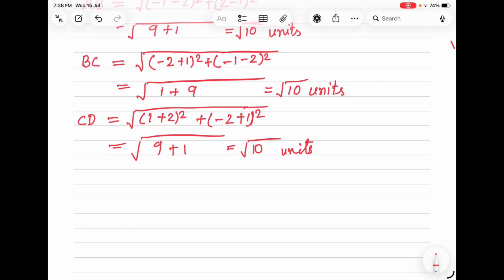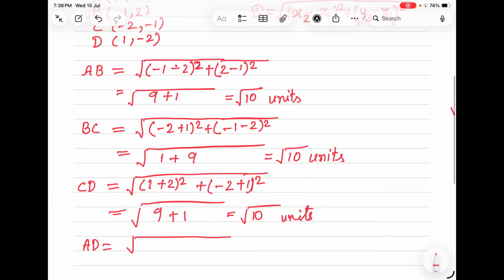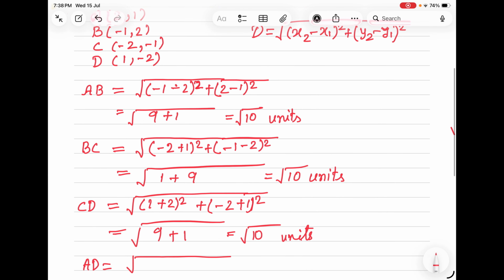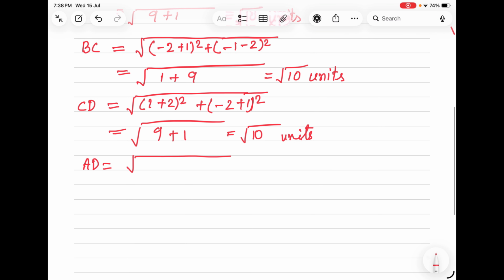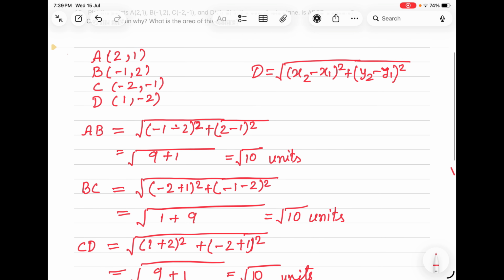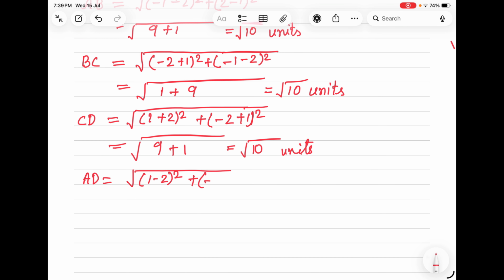Similarly, AD or DA equals square root of... A and D points are (2, 1) and (1, -2). That means AD: x2 minus x1 means (1 minus 2) whole square plus (-2 minus 1) whole square.